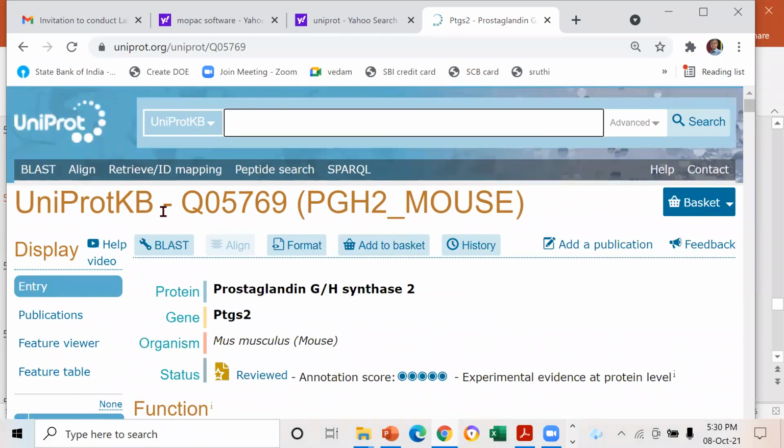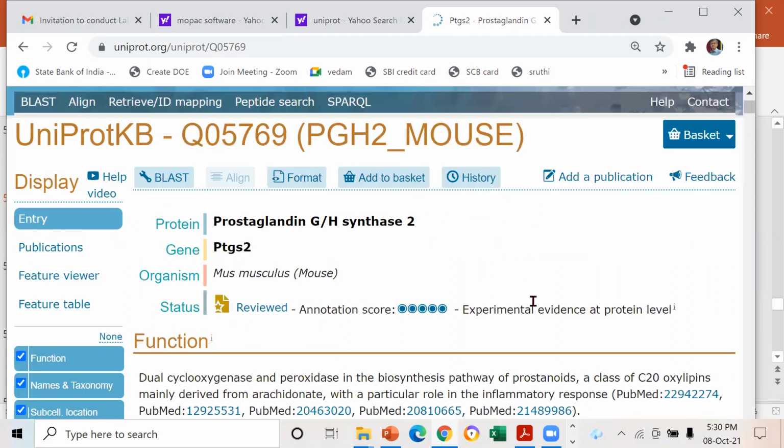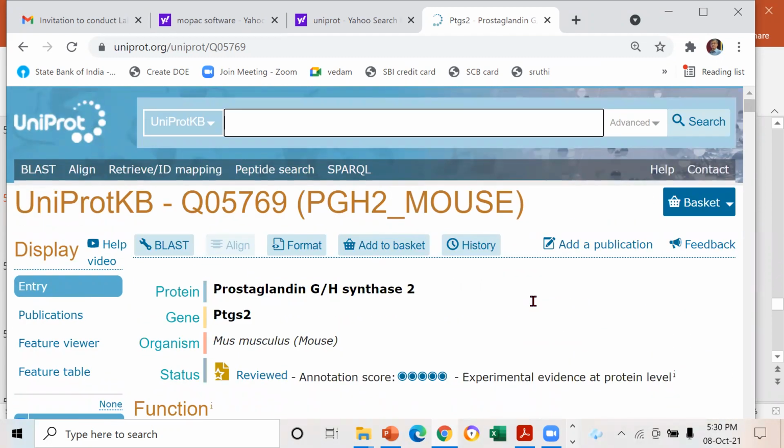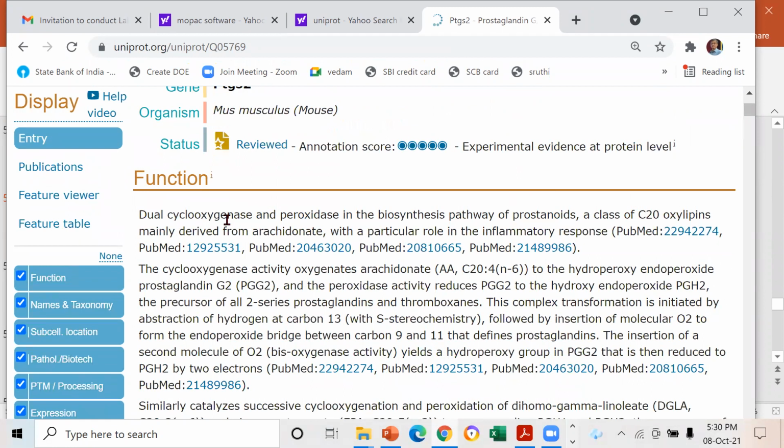So this protein sequence is there. This is the UniProt number. It's also called Swiss-Prot. You will hear about Swiss everywhere; we will do Swiss later also. A lot of information is given about this particular enzyme.